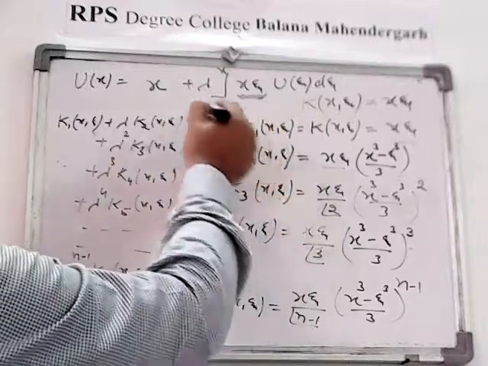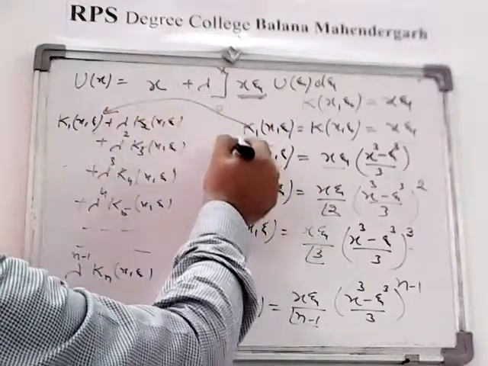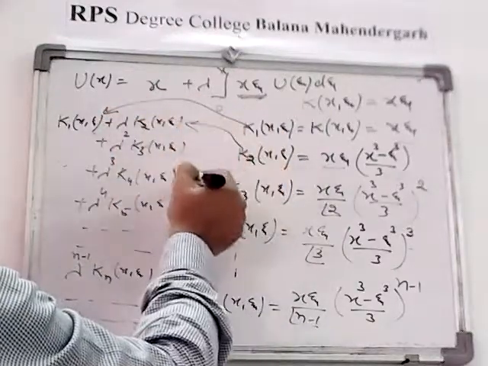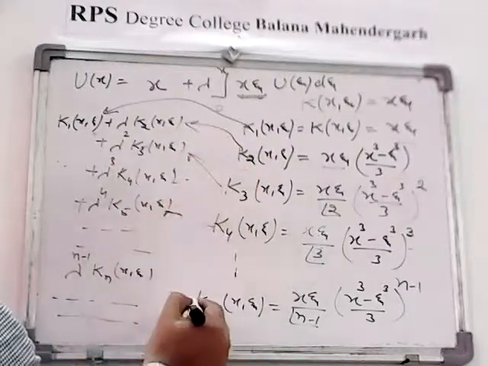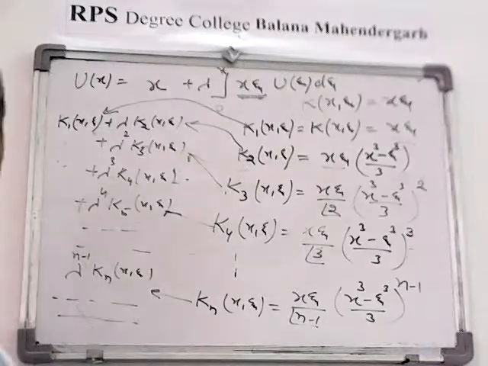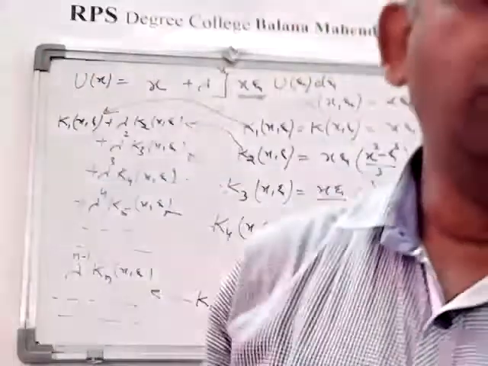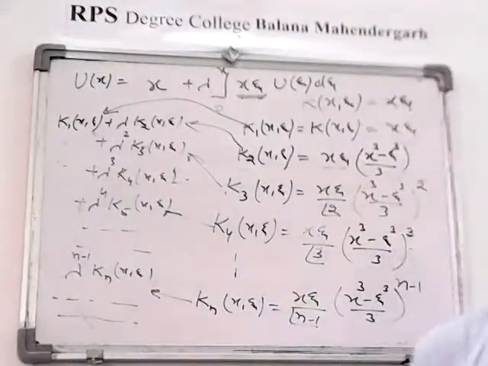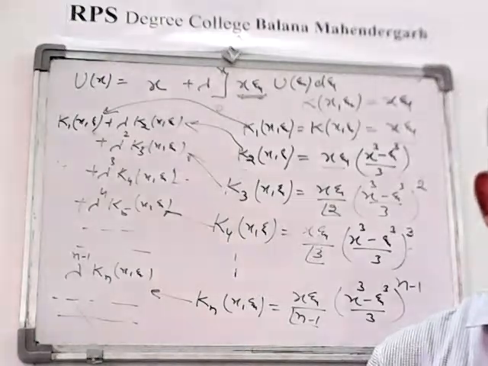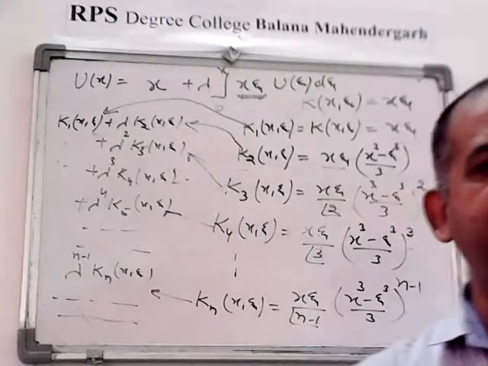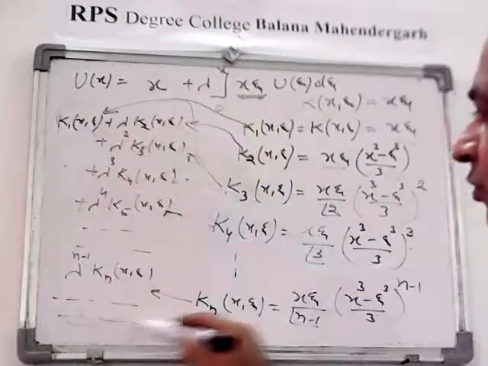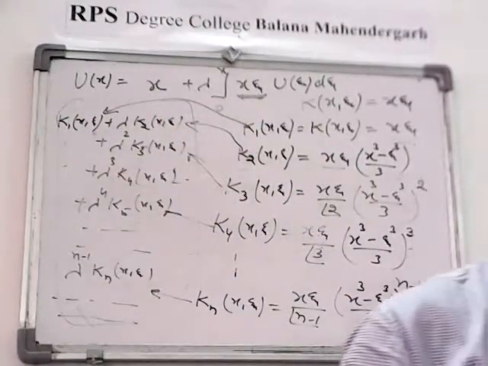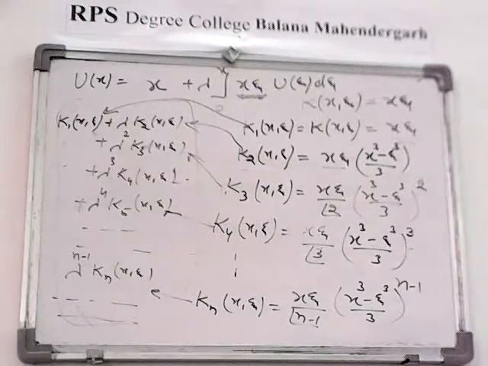We have to just put the values of k1, k2, k3, k4, kn at this position, and we will have our Newman series. If the question is of Newman series, then there is no need to move further. We will show this answer as a series only.